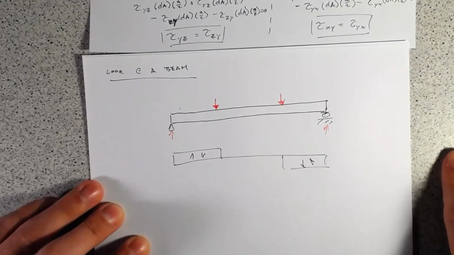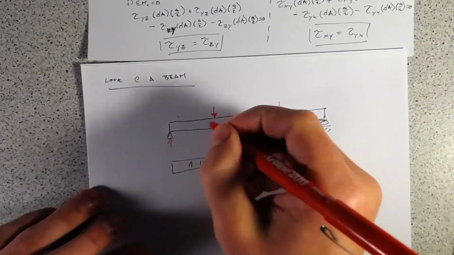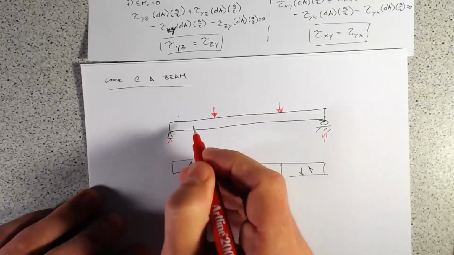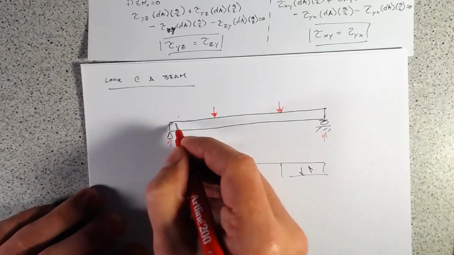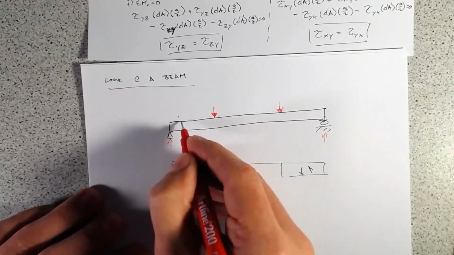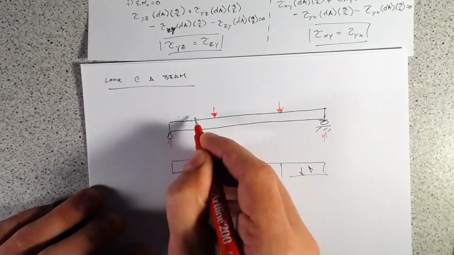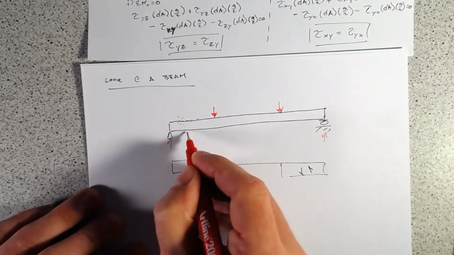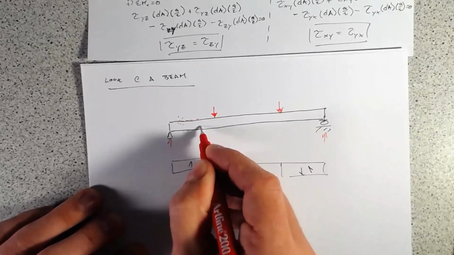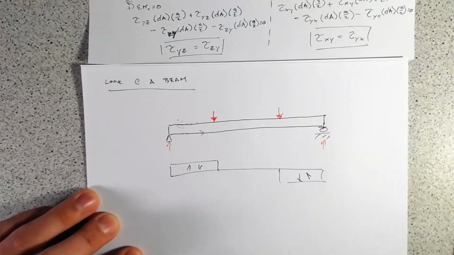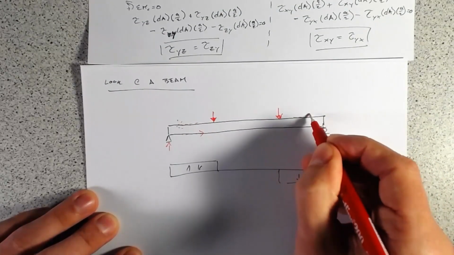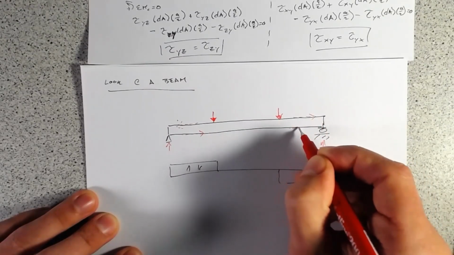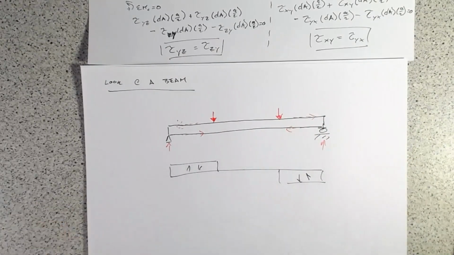Well, that means we've got this shear force here. In order to put this into equilibrium, we know we've got forces acting longitudinally, which arise from these shear forces, and they're going to act like that.